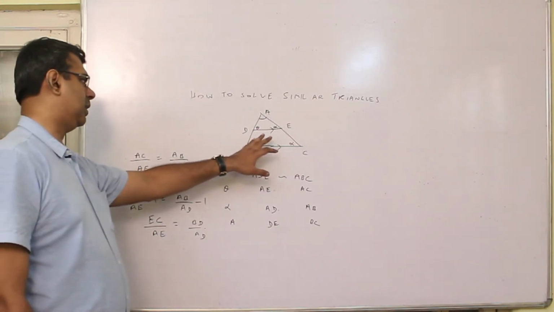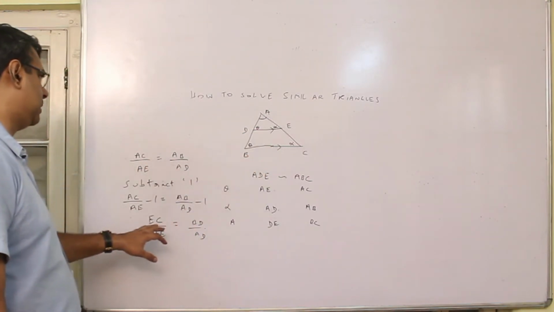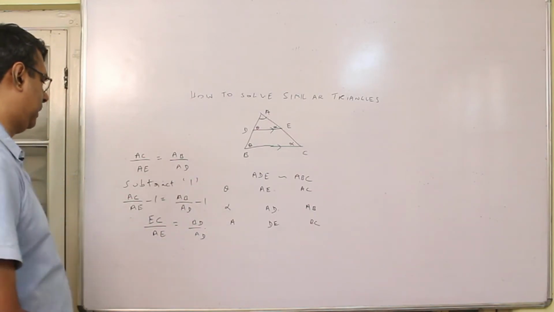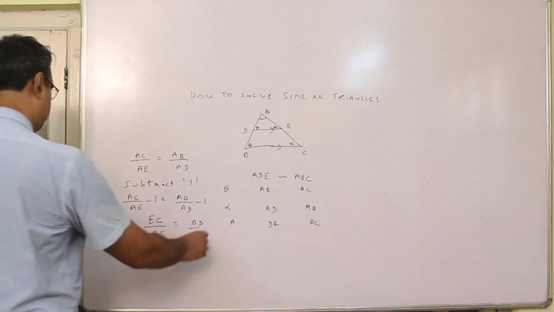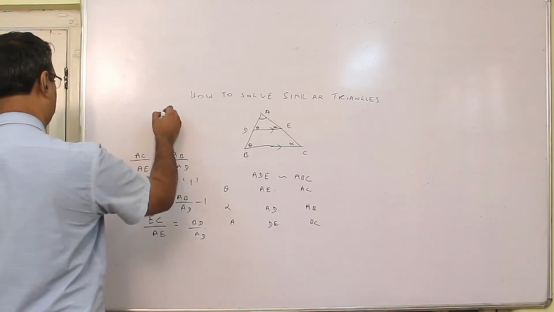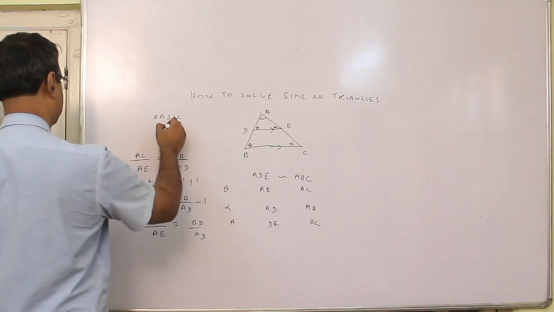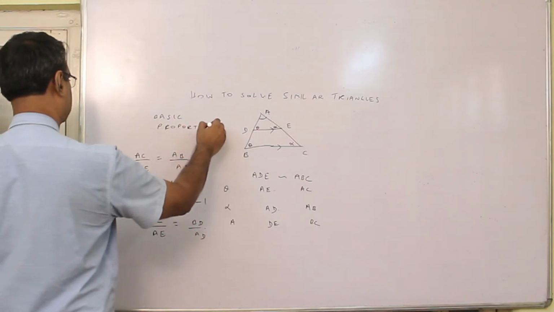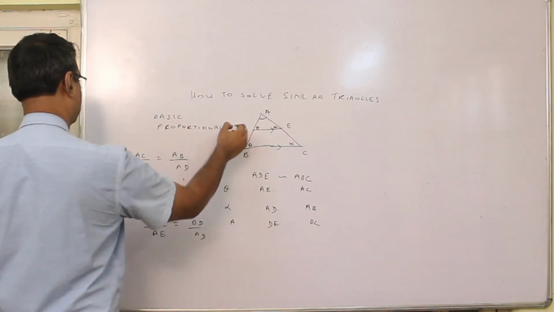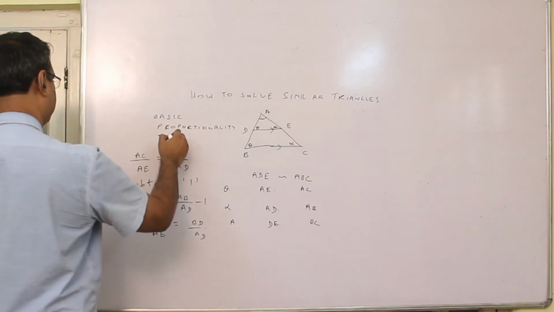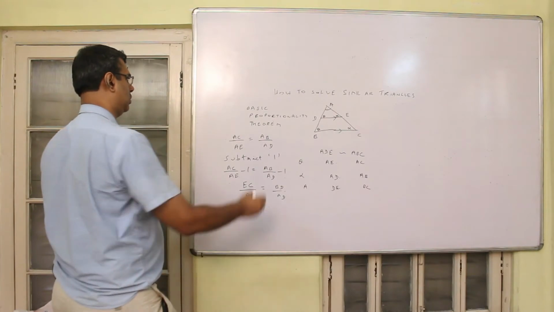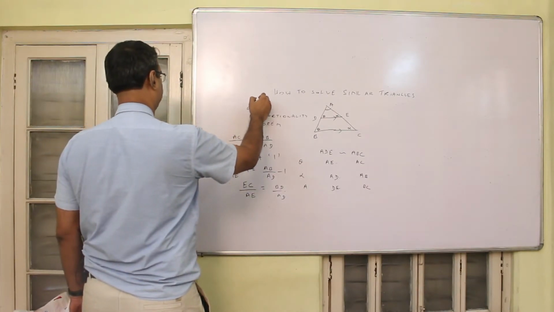So in this particular diagram, DE is parallel to the base. So we get EC by AE is equal to BD by AD. This particular equation is called basic proportionality theorem. And it is also known as the Thales theorem.